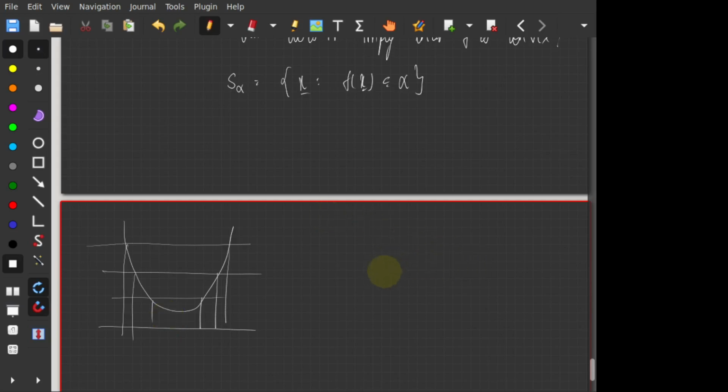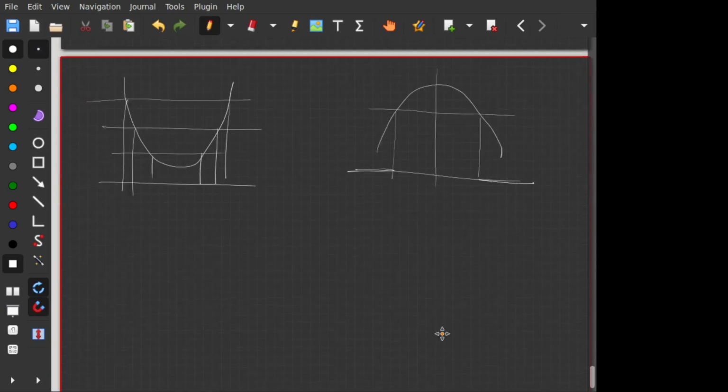Okay, construct a concave function, but what would be the level set for this concave function? It's a union of this interval. You want a concave function, right?